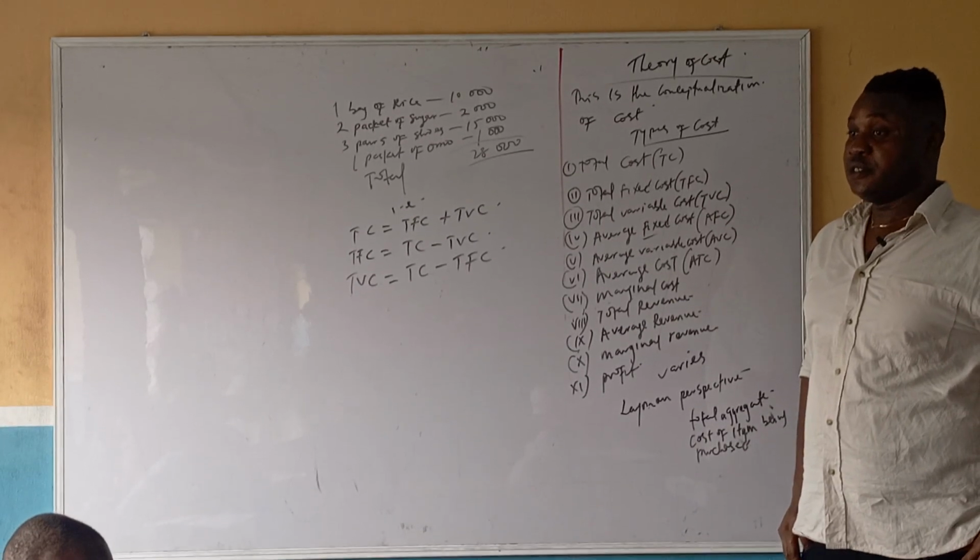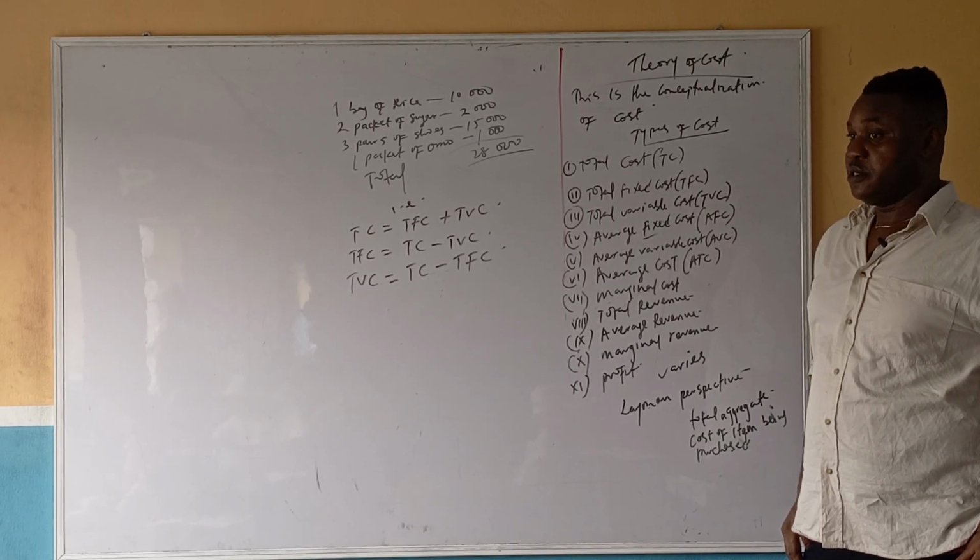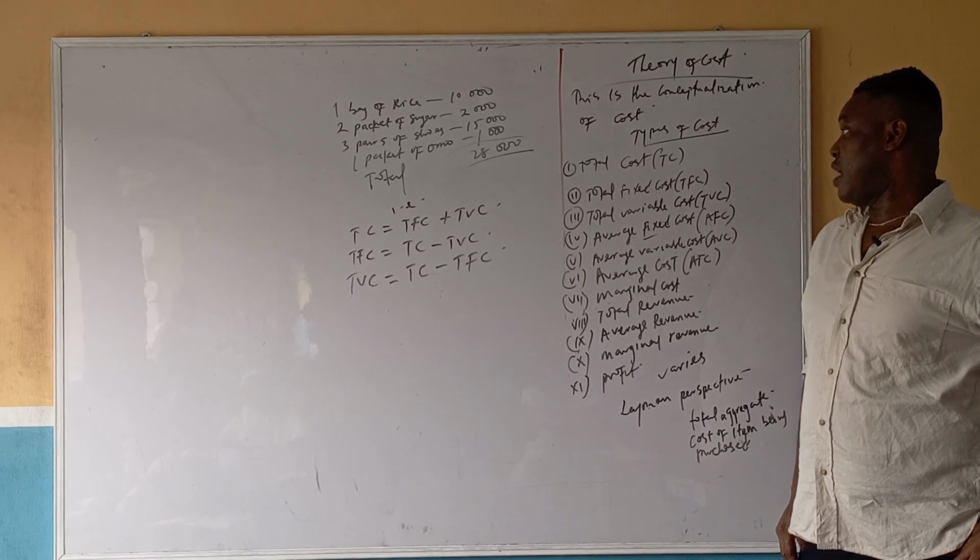So that's the average unit. This is the average cost per total fixed cost. Per what? Per total fixed cost.